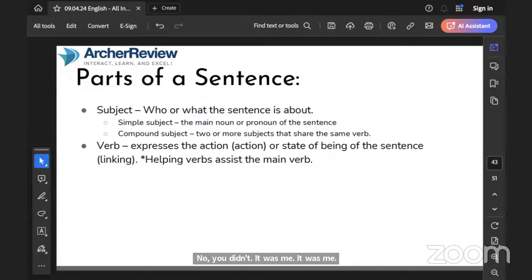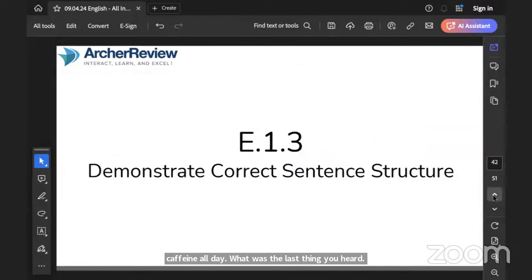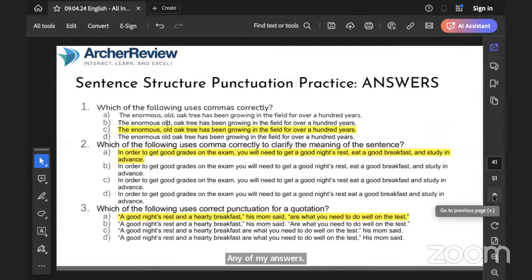I'm gonna be better next week. I promise you. I'm gonna like caffeine all day. What was the last thing you heard? Any of my answers? I'm guessing you didn't hear any of this. Nope. Okay. So sorry. I'm completely embarrassed. So I've just, I don't know. I clicked the screen. I clicked the button. I don't know what happened.